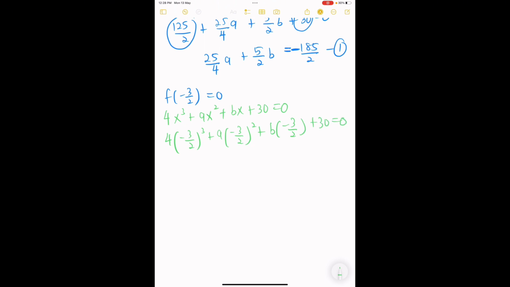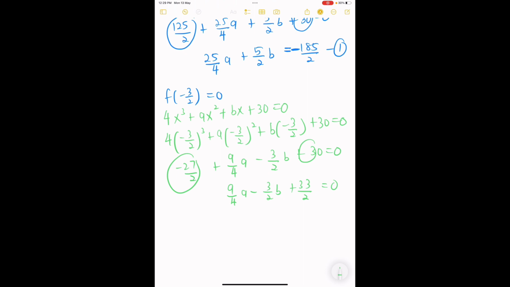So when you solve it, you put a and b at one side, whole number at the other side. We solve this one, it will give 9 over 4a minus 3 over 2b plus 33 over 2 equals 0. So just now this is the first equation.